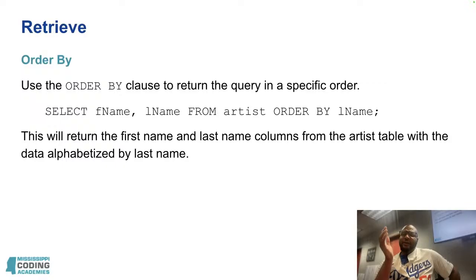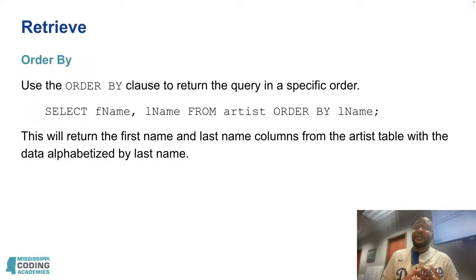With our database, it's no big issue because it's a very, very small database with only a few entries. We only have what, 12 albums in this database. We only have what, 6 artists and 6 bands. So this database is very small.